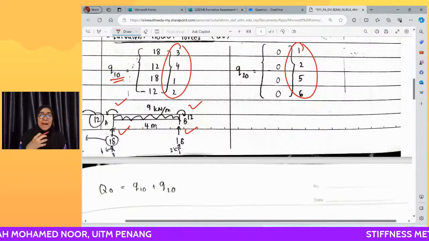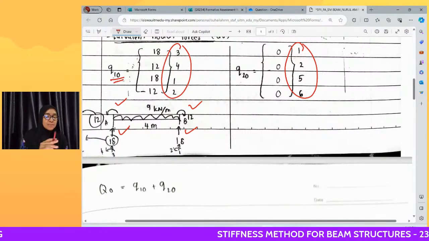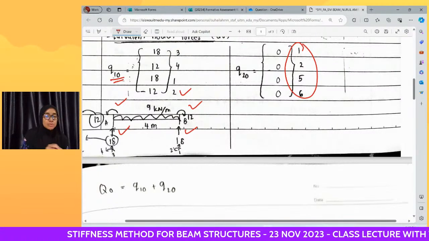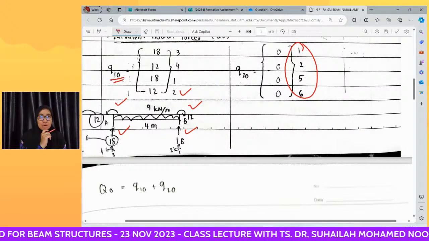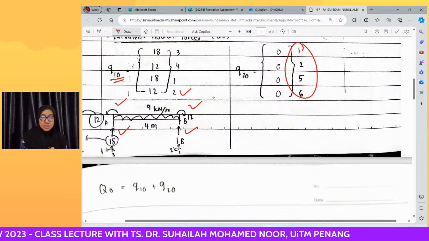Whichever is opposite, we put negative. So this is correct: negative at position 2, because it is opposite. So negative 12 at position 2.